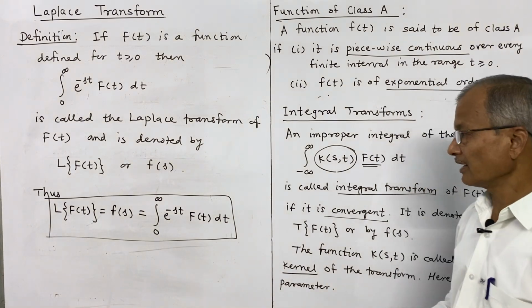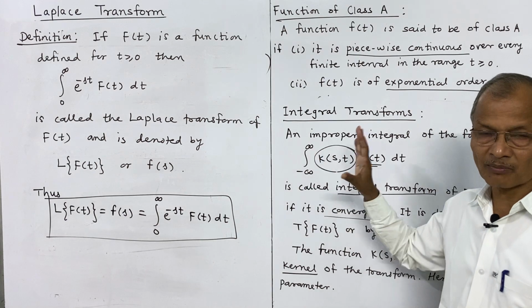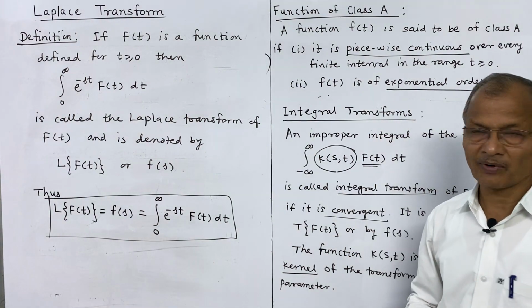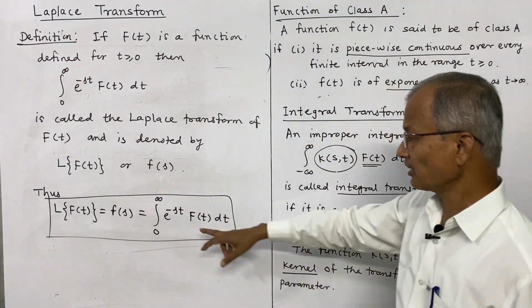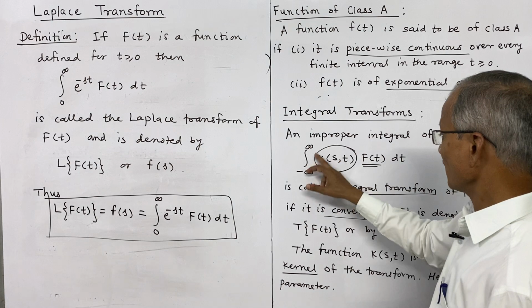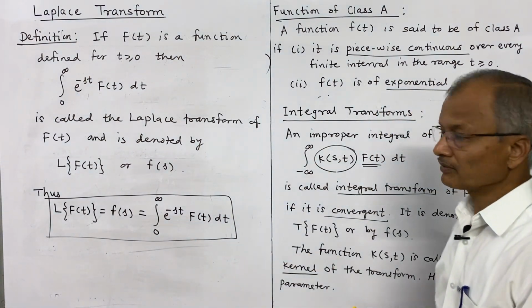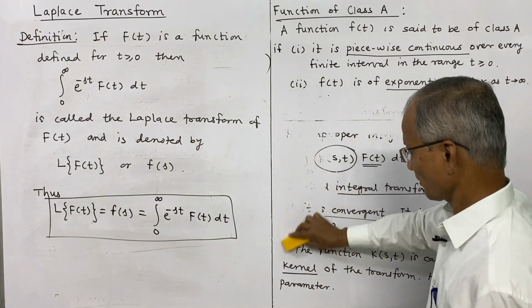It is an integral, the range is 0 to infinity. In general it is minus infinity to infinity, but for the Laplace transform the function for negative values is not defined. It is defined for t greater than or equal to 0, so the range becomes 0 to infinity. The kernel is e power minus st into f of t dt. So that is the Laplace transform.